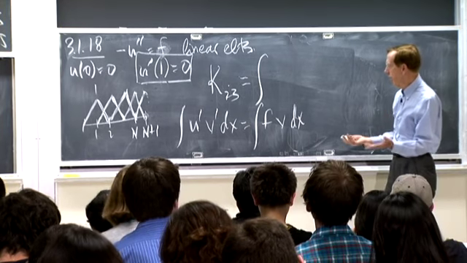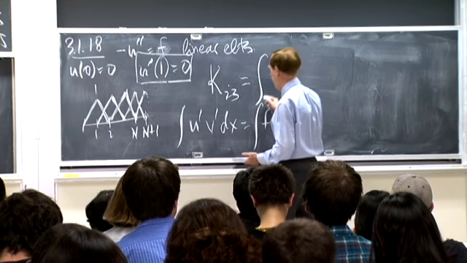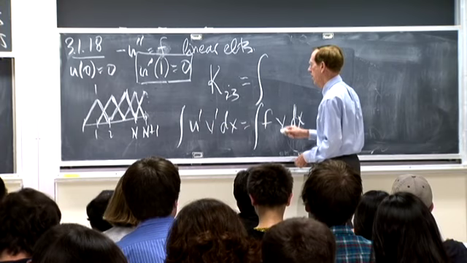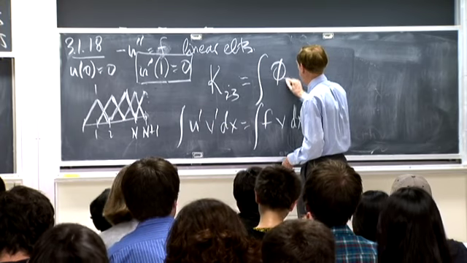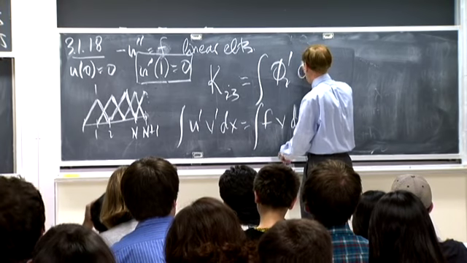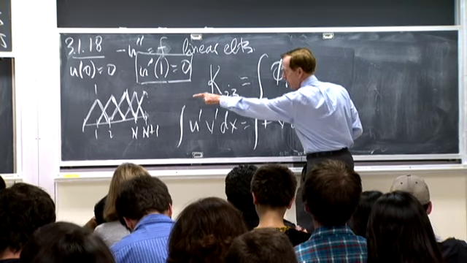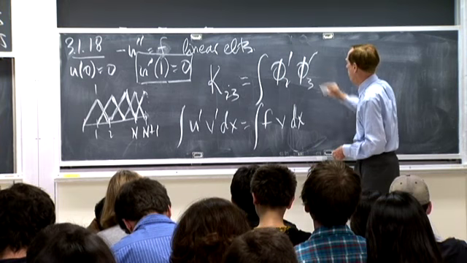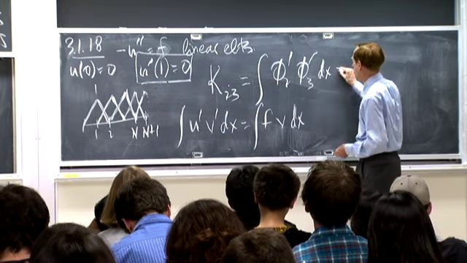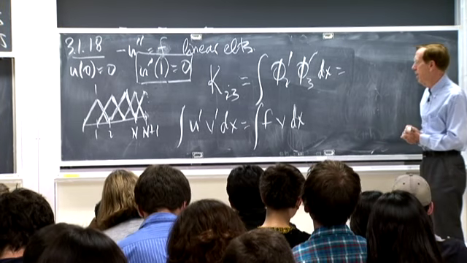Okay, so K23 will come from this side when I'm using phi2 and phi3, because I'm taking the phis and the v's both the same hat function. So what do I get for that?